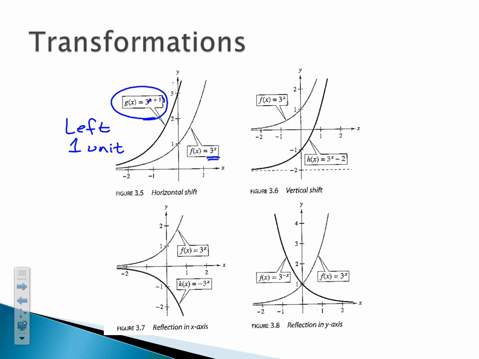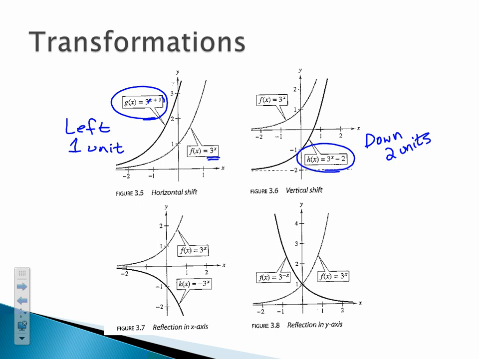So let's skip to the top right. Again, we have the same parent function, f of x equals 3 to the x. Let's look at this transformation. What's happening here? Down 2. So this function shifted down 2 units. Now, if I shift it down, what are some things that are going to be impacted by a shift down on that graph?